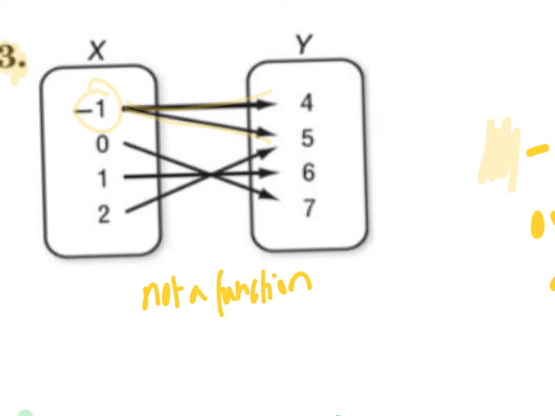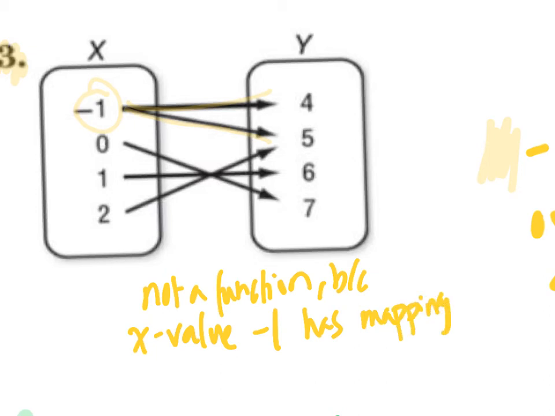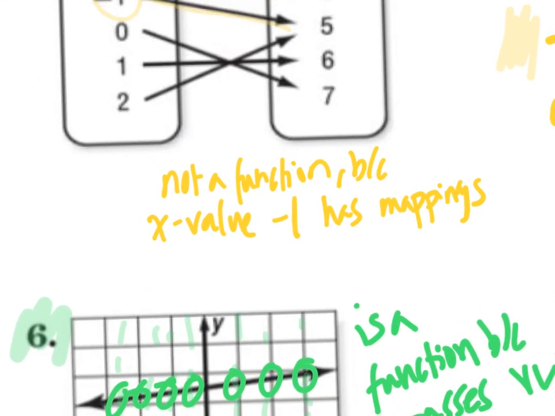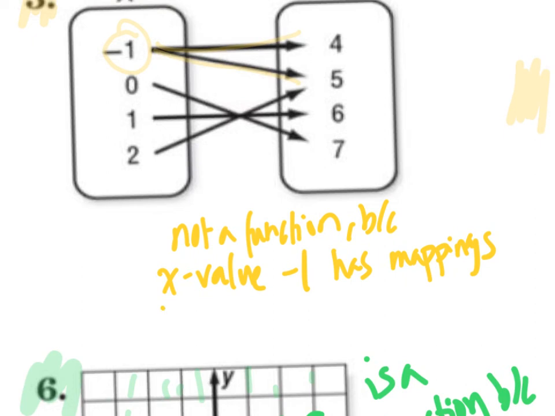Because the x value -1 has mappings to 2 different y values, right?